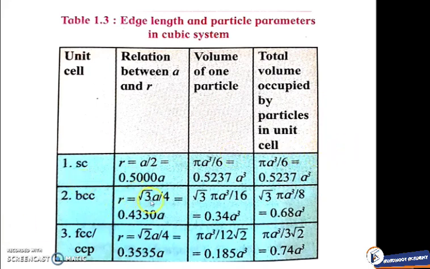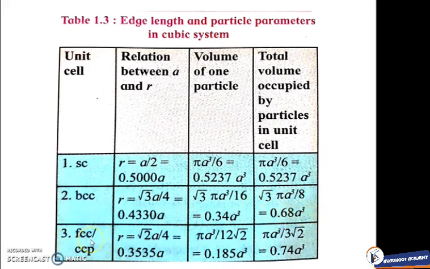For the body centered cubic system, r is equal to root 3 a by 4. The volume of one particle is given by 0.34 into a cube, and the total volume occupied by particles in the body centered cubic cell is 0.68 a cube.